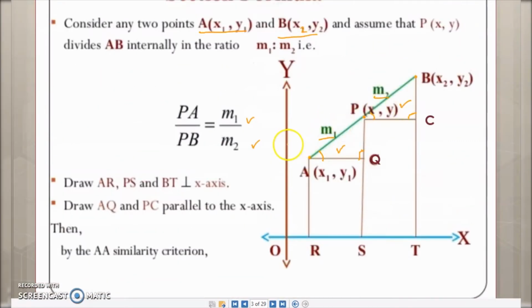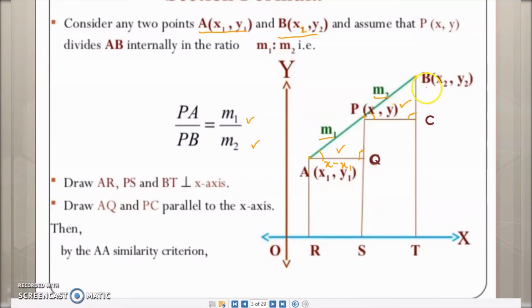So AQ can be written as OS minus OR. Now what is OS? OS is this x, and OR is x1. So AQ must be x minus x1. Same way, this length PC is OT minus OS.